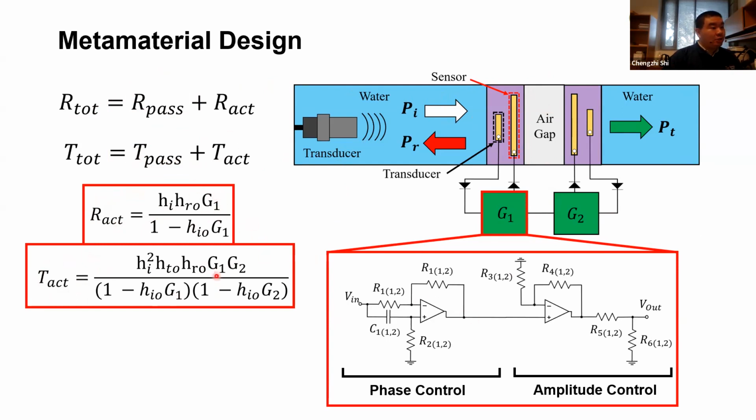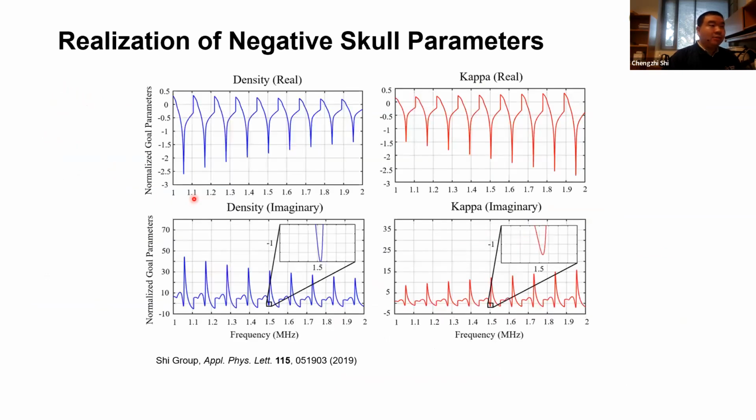By changing G1 and G2, we can achieve an arbitrary total transmission and total reflection in our metamaterial.